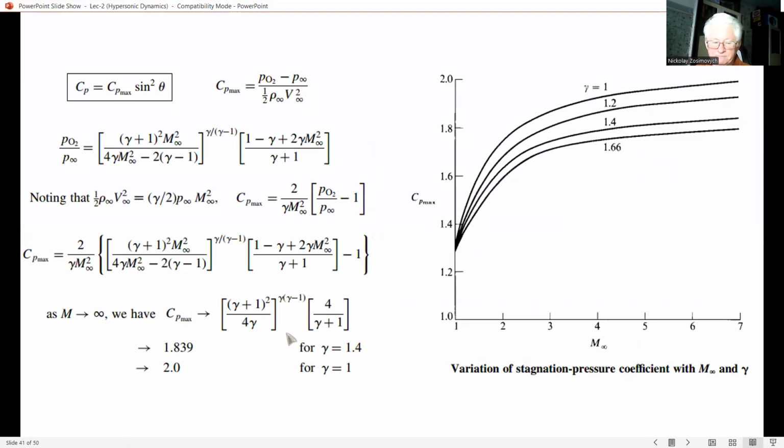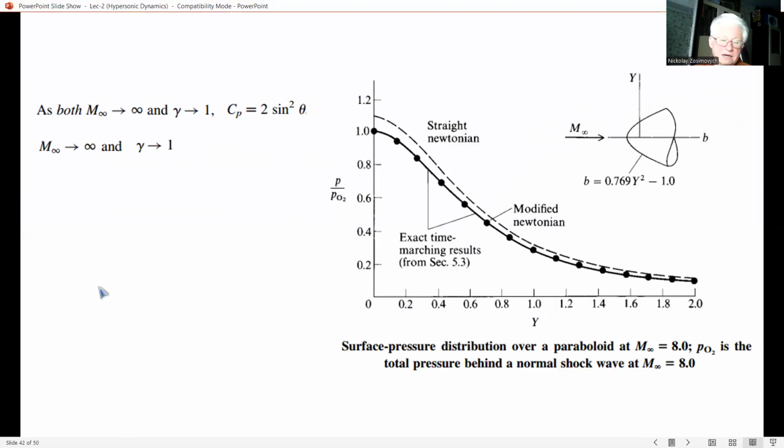Second, as both Mach number goes to infinity and gamma goes to 1, our equation gives Cp equal to 2 sine squared theta. That is, the straight Newtonian law is recovered in the limit where Mach number goes to infinity and gamma goes to 1.